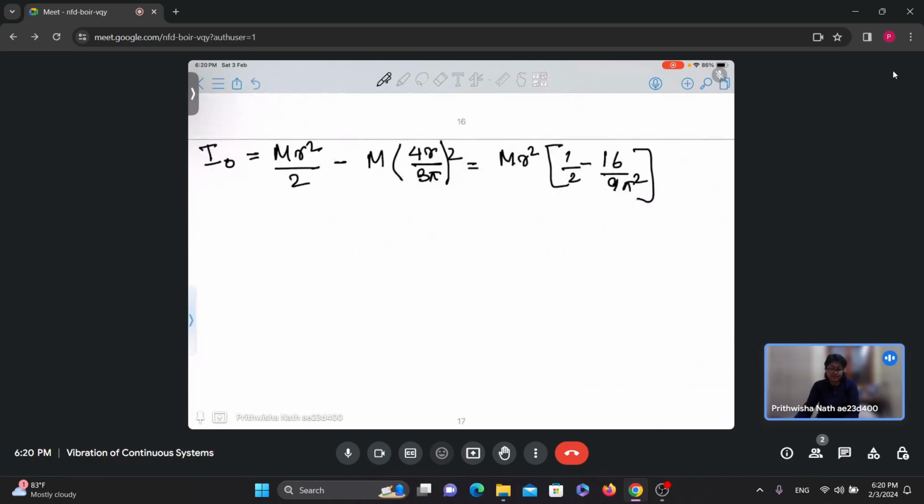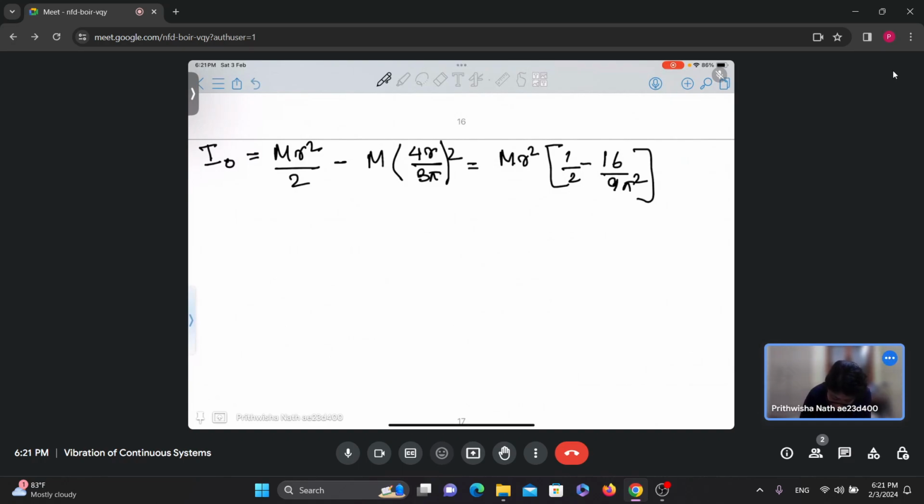Now when the system is displaced from the equilibrium position, how can I write the potential energy and the kinetic energy? The kinetic energy is simply half I omega square, and omega is d theta by dt.